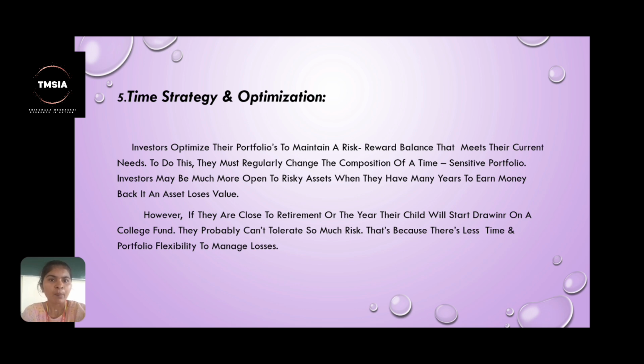An investor may be much more open to risky assets when they have many years to earn money back after an asset loses value. However, if they are close to retirement or the year the child will start drawing on a college fund, they probably can't tolerate so much risk. That's because there is less time and portfolio flexibility to manage losses.